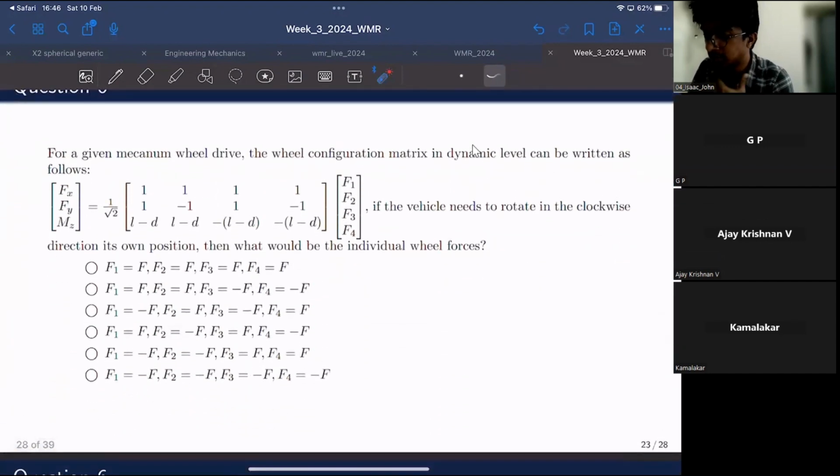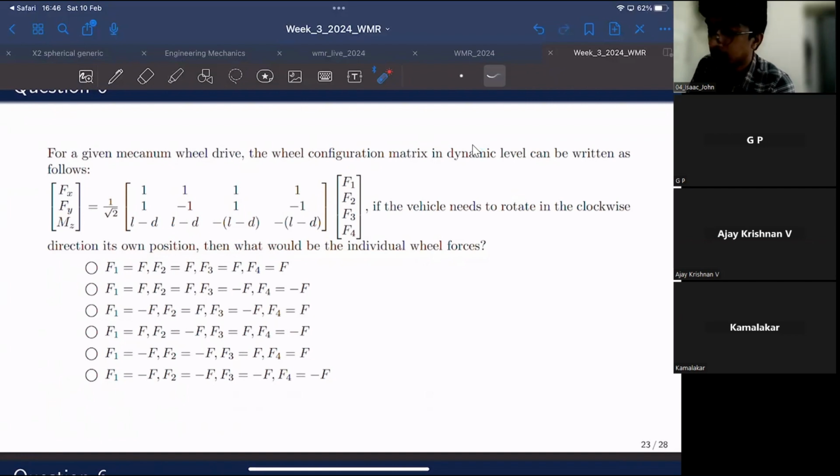So question 6. This is again a problem of a mechanical wheel robot. If the wheel needs to rotate in the clockwise direction in its own position, then what will be the wheel forces? It should be a pure rotation. So how should fx, fy, mz look?